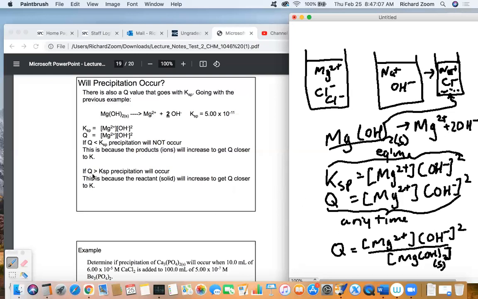Now, if Q is greater than Ksp, the bottom one, Mg(OH)2 solid, is going to have to get bigger so that Q gets closer to K. So precipitation will occur, because we're going to be more on the solid side. So this is precipitation with the solid, and this is no precipitation on this side.